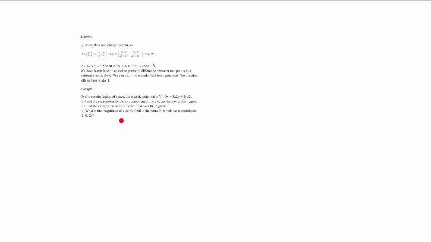Okay. So what it means is, if we look at Ex, Ex will be minus dV upon dx. Okay, so for Ex, it will be Ex is equal to minus dV upon dx. Okay, so we will first differentiate V with respect to x.